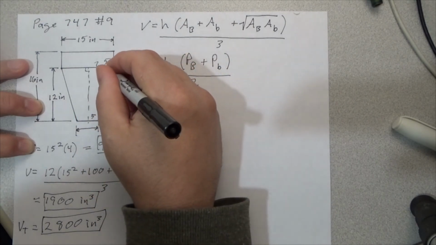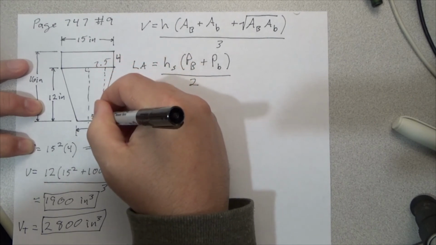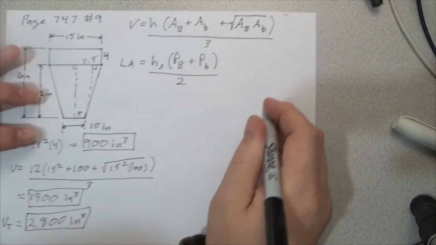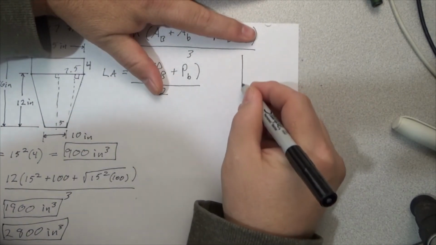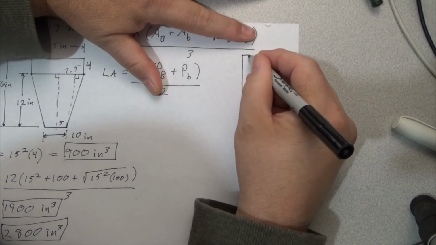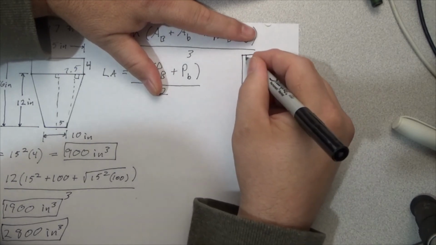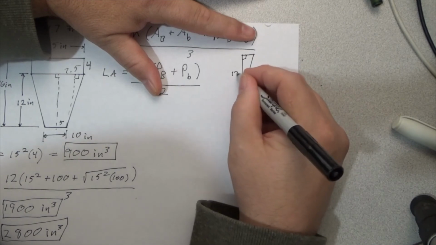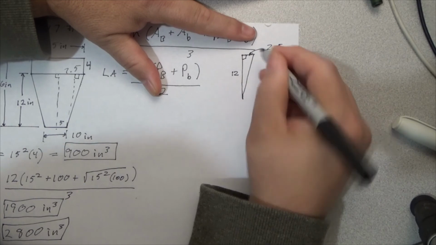So what I really need, though, is this triangle right here. I'll draw that over here so I've got some room to look at it. So this side is 12, and this side right there is 2.5.